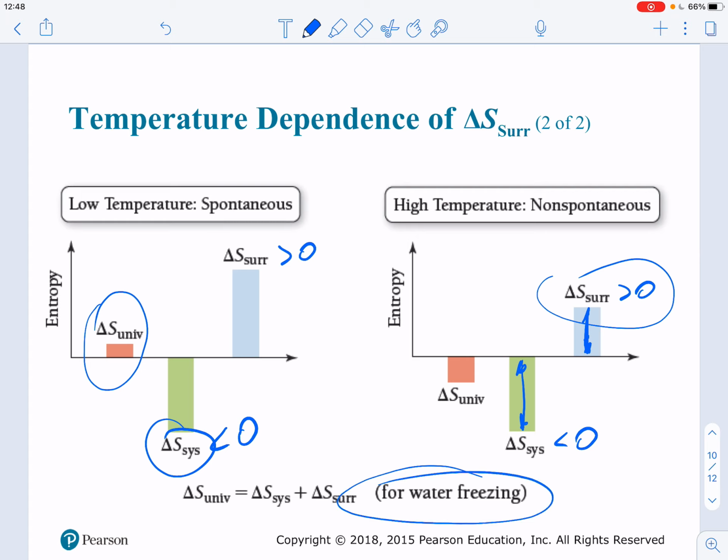here we are at higher temperature, and higher temperature, lower temperature is a relative term. It's going to be controlled by that equation that we saw before, the change in entropy of the surroundings equals minus delta H over T. High temperature, in this particular case for water freezing, is larger than 0 Celsius, and of course low temperature is less than 0 Celsius.